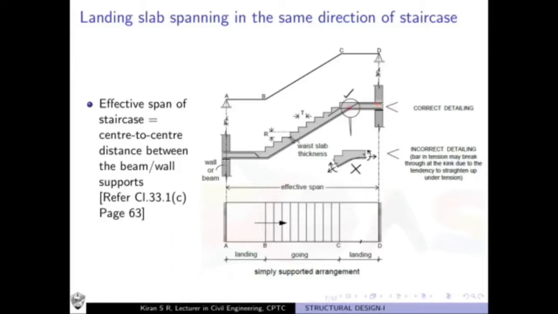Okay, it should go to the top of it and not directly bend at this kink. At this junction you are not supposed to bend the reinforcement like this. This is a wrong practice of laying reinforcement. So that is about landing slab spanning in the same direction of staircase.